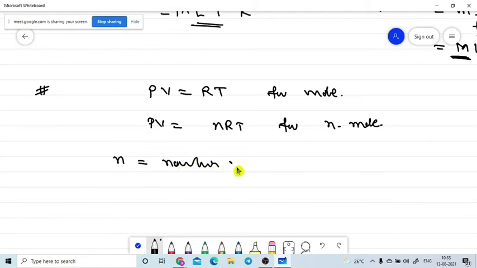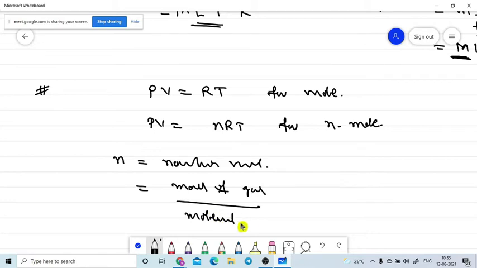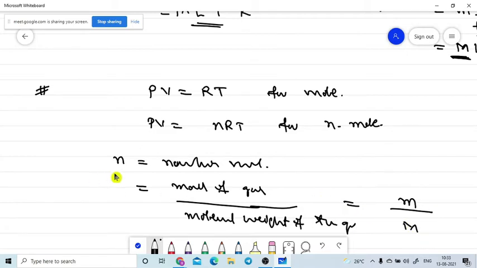How can we get it? Number of moles is nothing but the mass of the gas divided by the molecular weight of the gas. If we take the mass of the gas as small m and the molecular weight of the gas as capital M, then we can substitute for n: mass of the gas divided by molecular weight of the gas.